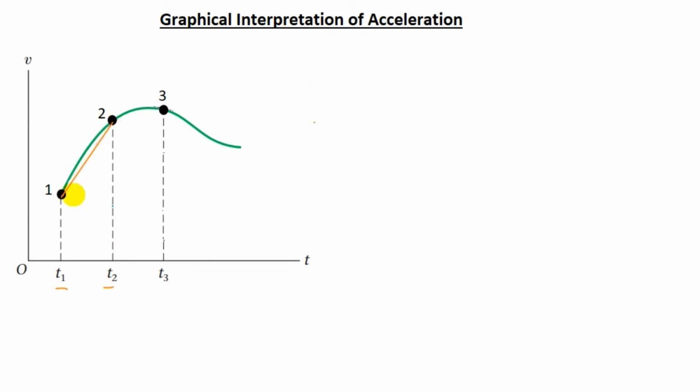Now this would be delta t, the change in time, and this would be delta v. Now the slope of this line will be delta v over delta t. Now this ratio delta v over delta t is nothing but the average acceleration.